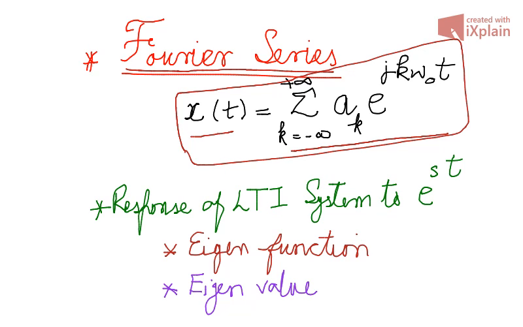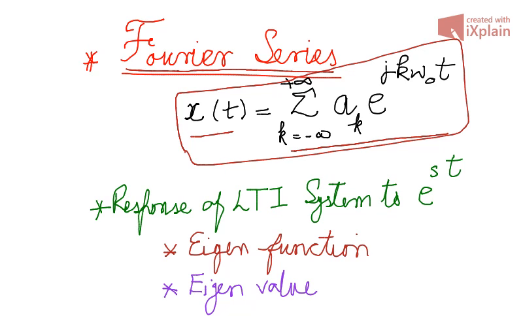If you concentrate on this expression, at the left hand side you have x of t, which is just a continuous time signal of any shape. We are not discussing its shape right now. It should be continuous. And on the right hand side you can see the summation.